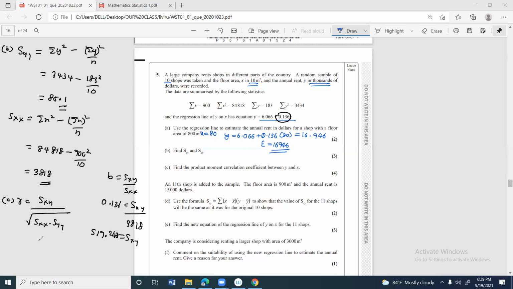So with that, you can get this answer: 519.284 divided by the square root of 3,880 times 85.1. That gives 0.9109. It's the final answer for this question. That's a simple way of getting the answer for this, right?